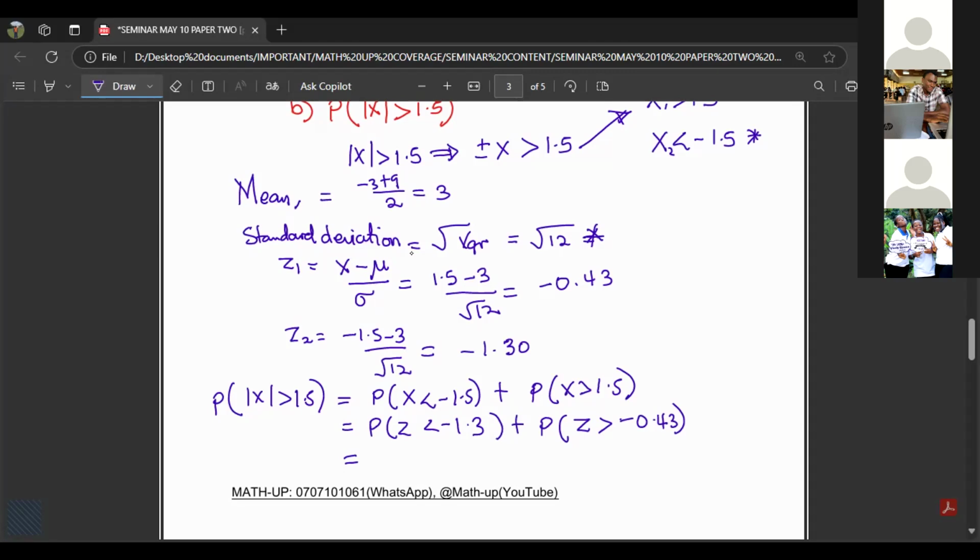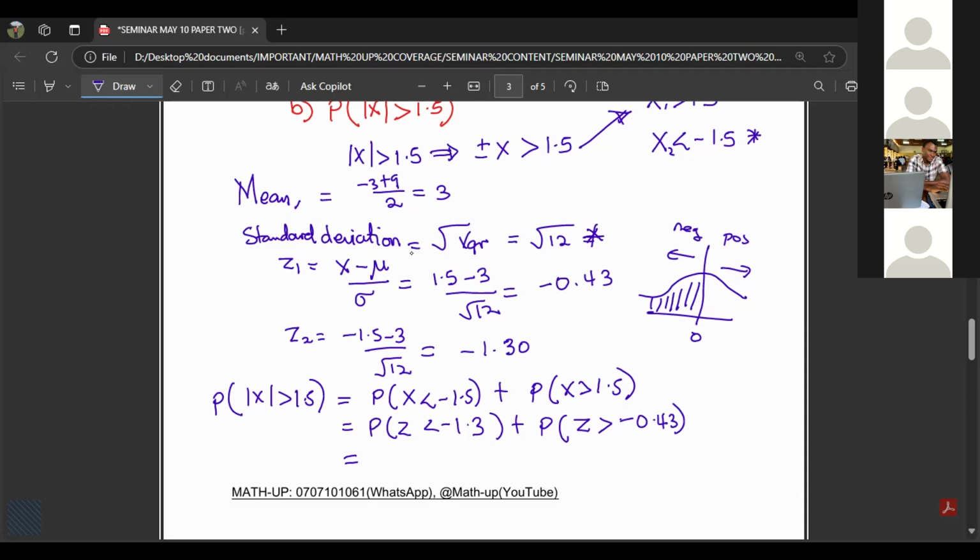Now we shall find that these values lie on the left side of a normal distribution curve, where this is our mean. So this side represents the negative values, and this side represents the positives. So we have negative z values, which means they are on the left, and we find the probability of z being less than negative 1.3.